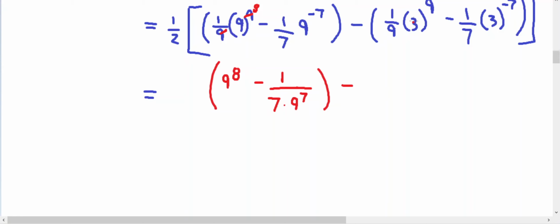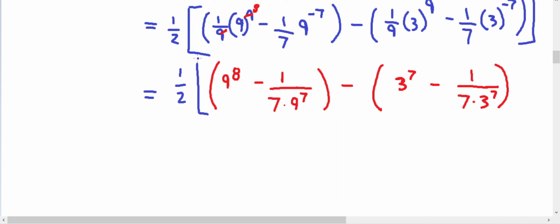And then 3 to the 9 over 9 is the same thing as 3 to the 9 over 3 squared, so we can just rewrite that as 3 to the 7th. And then there's not much to do for this one, so we'll put it in the denominator. And this 1/2 is still being multiplied by the entire difference here.